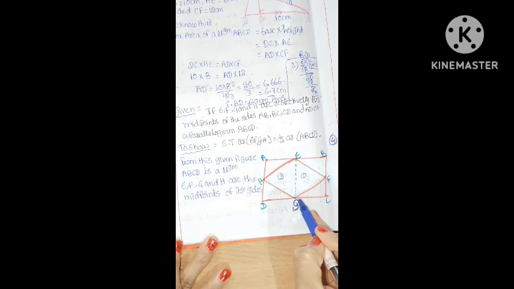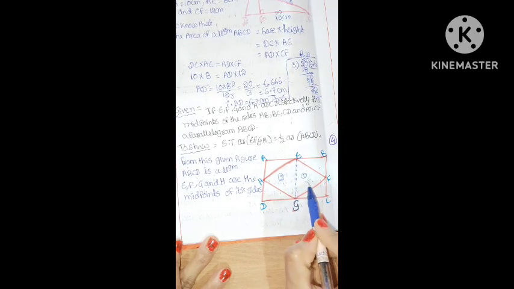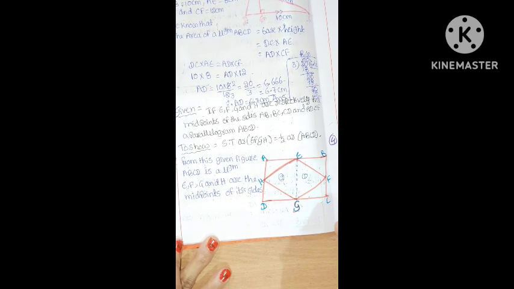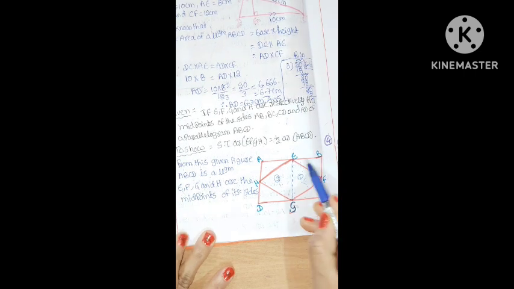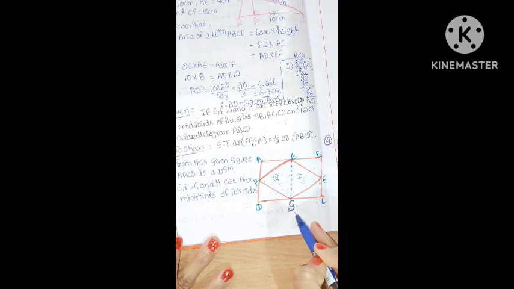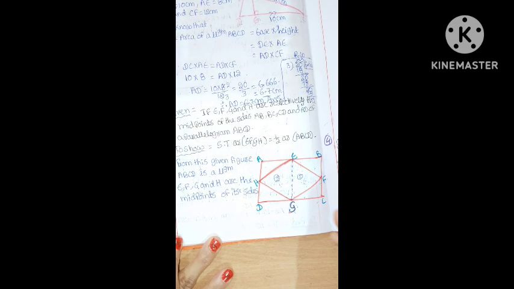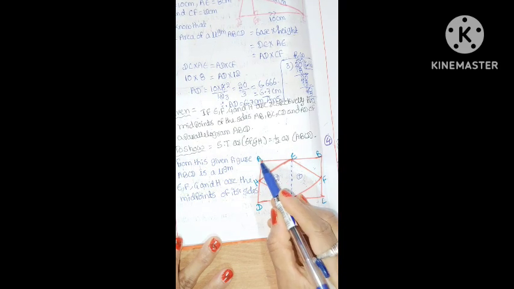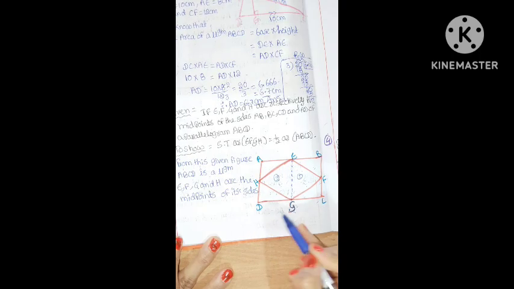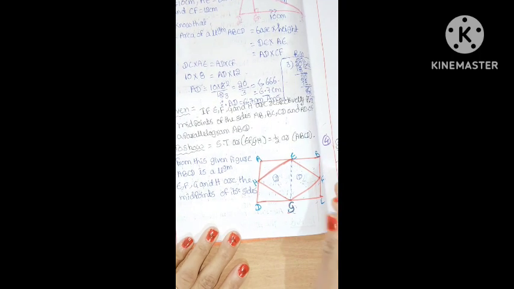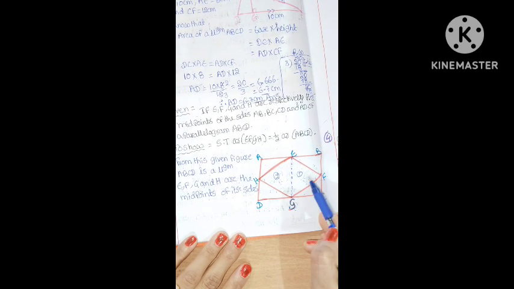After construction, we will get two triangles and two parallelograms. What are the parallelograms? EBCG is one parallelogram, and next EADG is the other parallelogram.